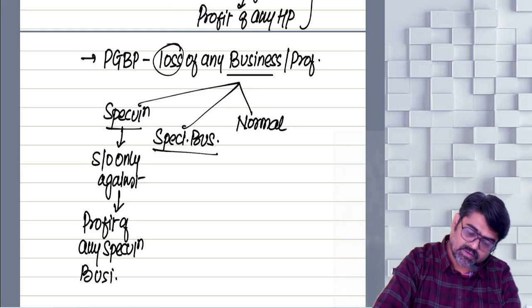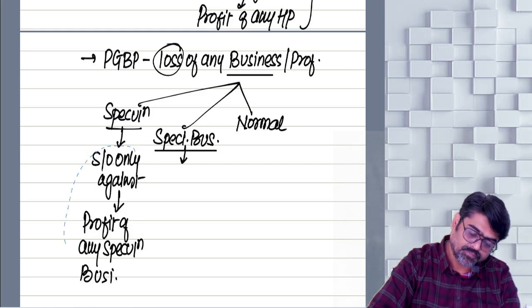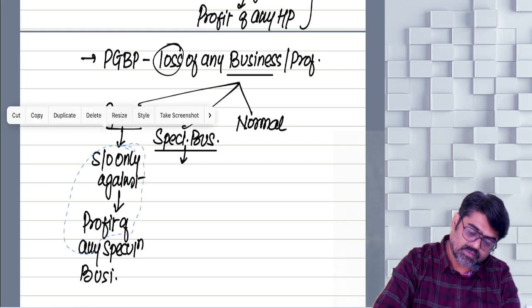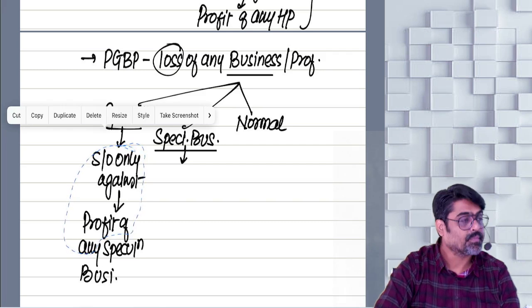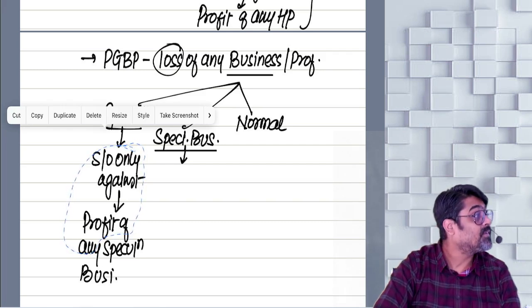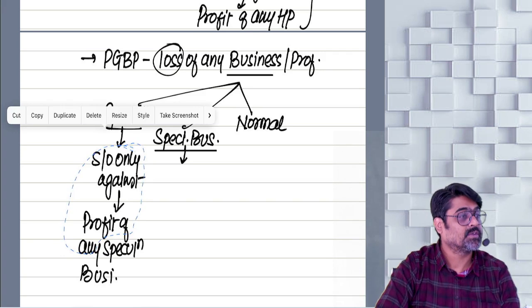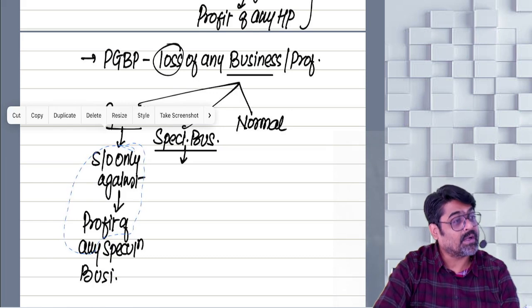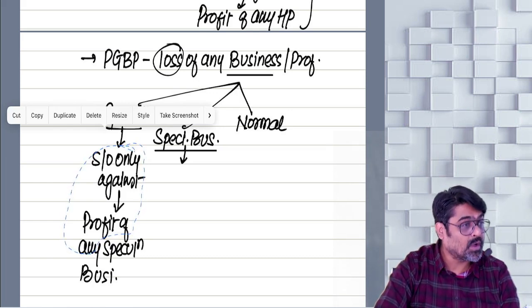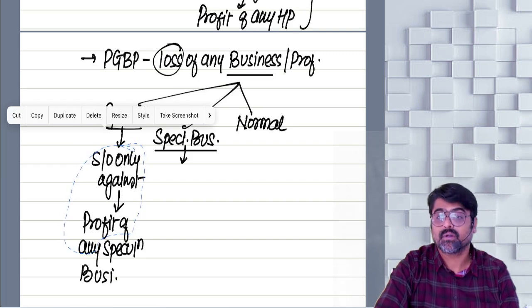Do you have a specified business? Remember the names of the specified businesses. Which are the specified businesses? Come on, tell me. Specified businesses: hospitals having 100 beds or more capacity, hotels having 2-star or above category, laying and operating cross-country pipeline network for transportation of crude oil, natural gas.